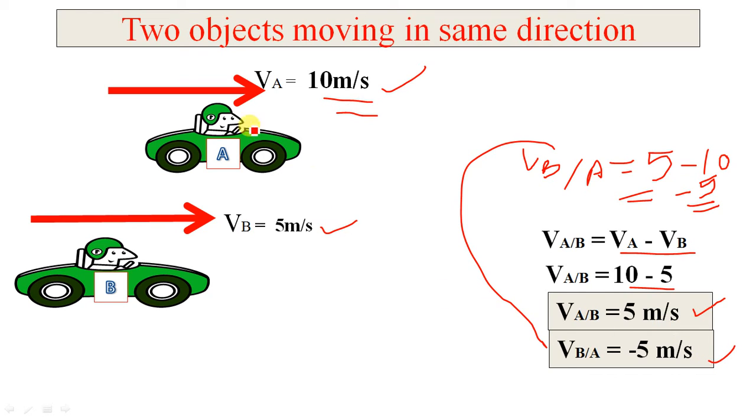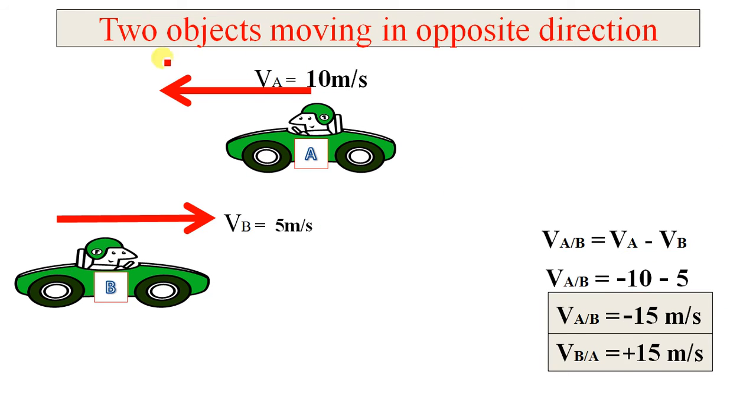This is when two objects are moving in the same direction. Now when two objects are moving in opposite directions, one reference direction you have to choose as positive and the other as negative. Let's say towards right I have chosen positive and towards left is negative. Now the velocity of A with respect to B is VA minus VB. Here the velocity of A is minus 10 and the velocity of B is minus 5, so it becomes minus 15 meters per second.